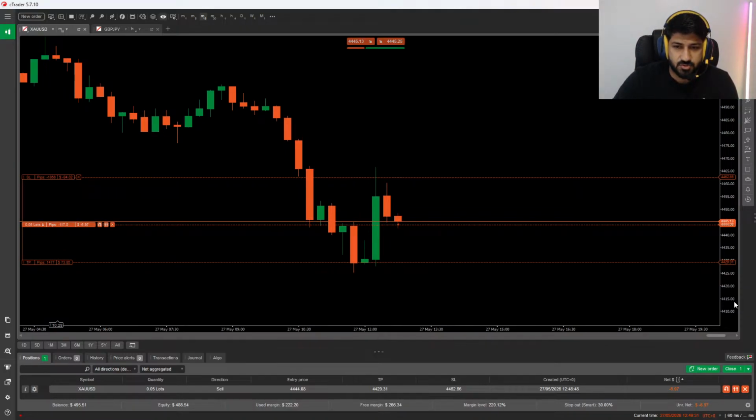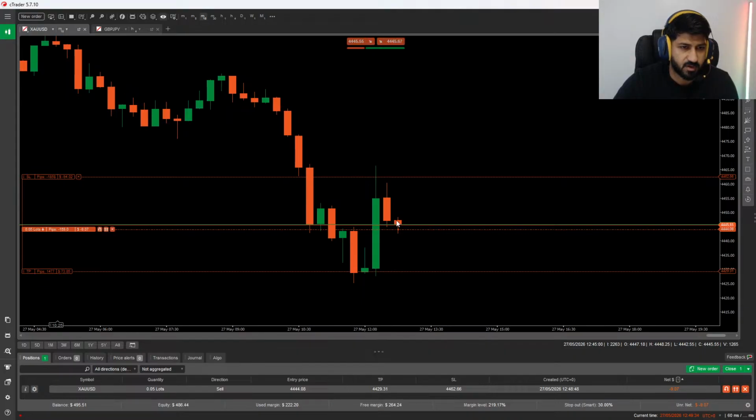The way you can manage risk on this is if price breaks above its own high. So if price flips green, then I'll manage risk and close 50%.